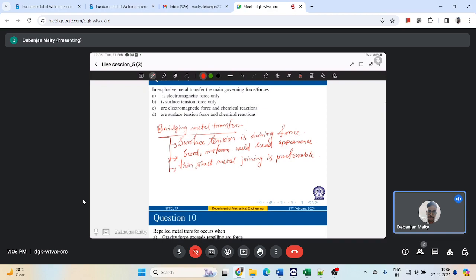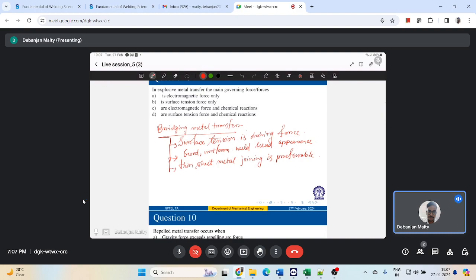That's how the arc is momentarily short circuited. However, due to surface tension and electromagnetic force, those two forces result in the drop being pulled into the weld pool, and the contact with the electrode gets broken.